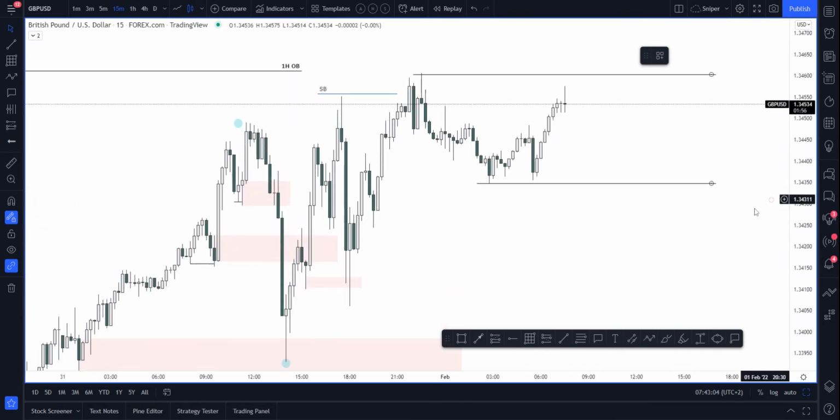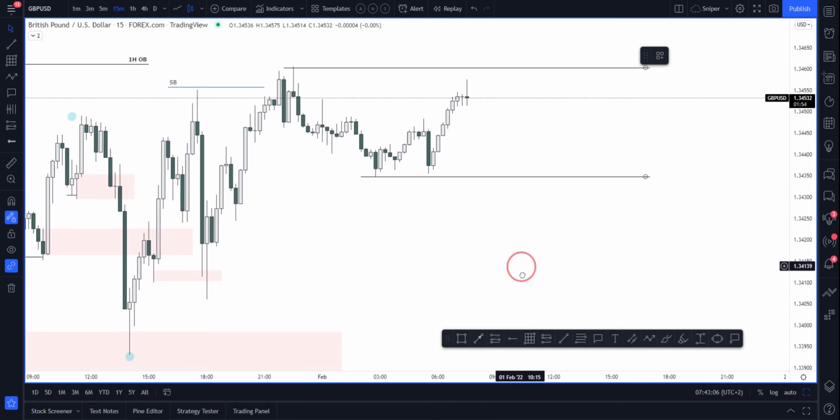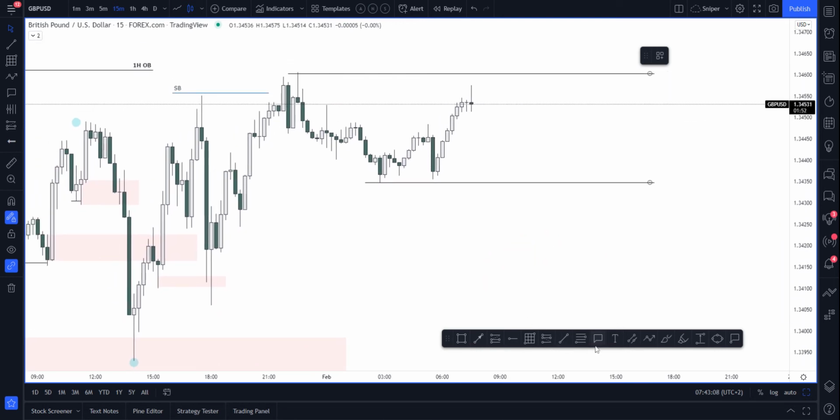So if we have a look at the 15 minutes, this is now where we can really get some juice going. Let's just quickly put on the previous day markers, midnight.